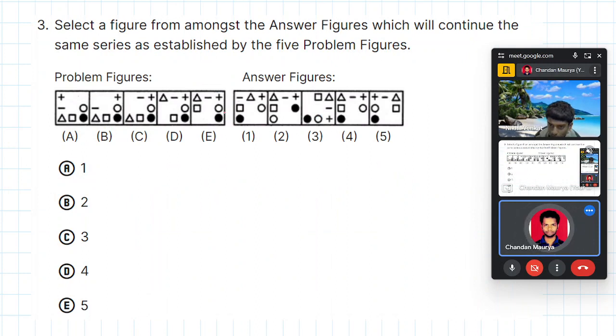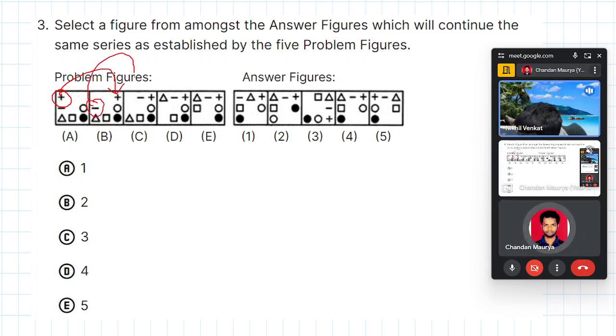What a question. So many figures I have, and something is happening. I don't know exactly what it is, but something is happening. Okay, fine. So what we are seeing, this plus is moving from here till here.